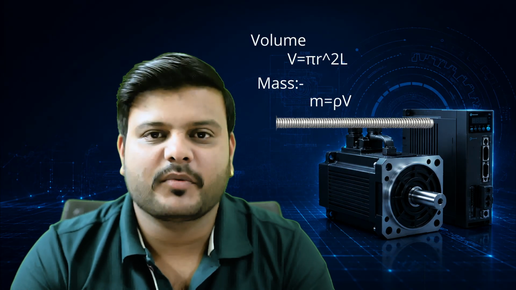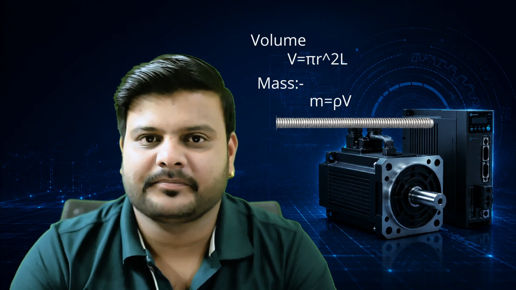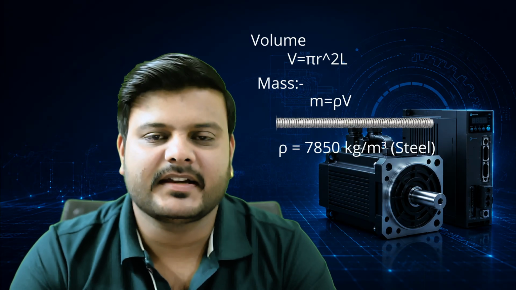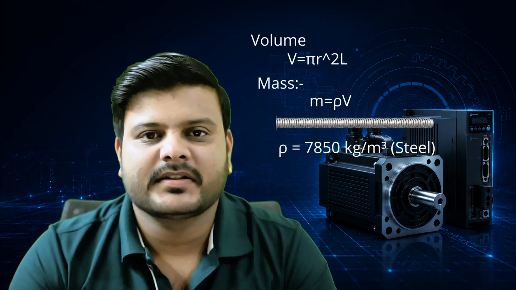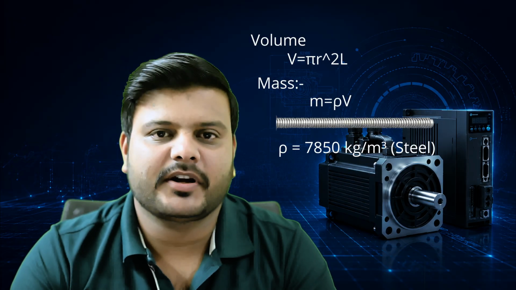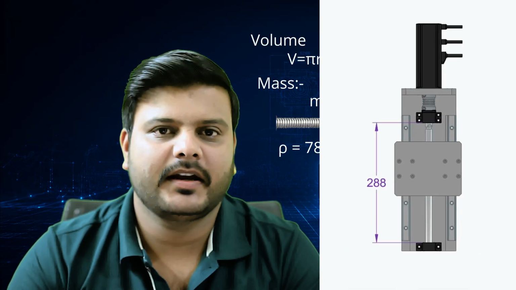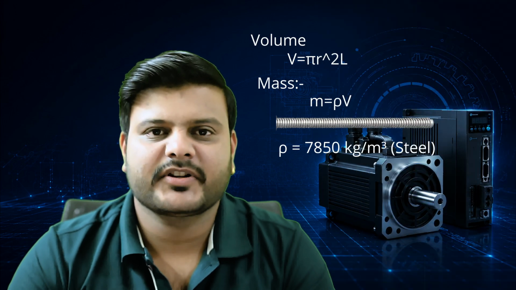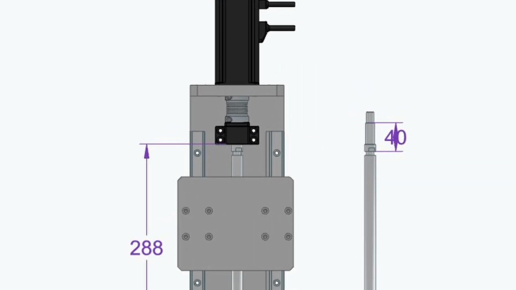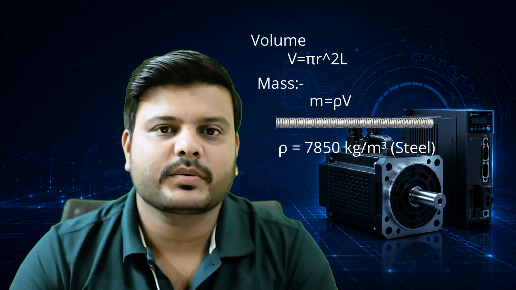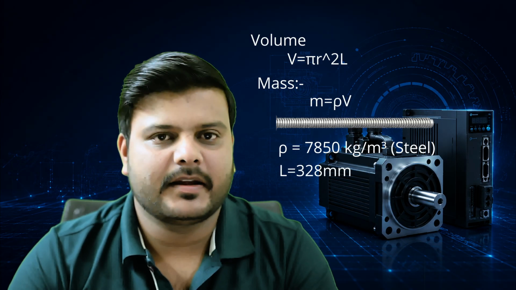Our ball screw material is stainless steel and the density of steel is 7850 kg per meter cube. Our actual support distance is 288 mm and the machining extension is about 40 mm, so our total screw length is 328 mm.